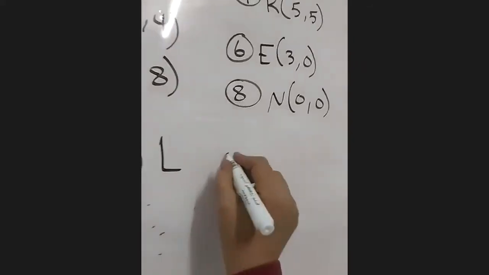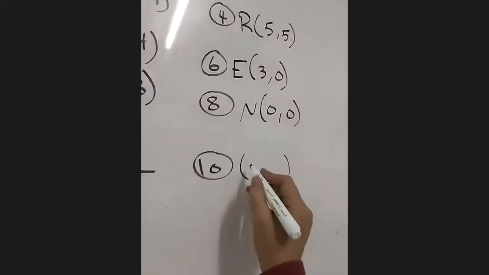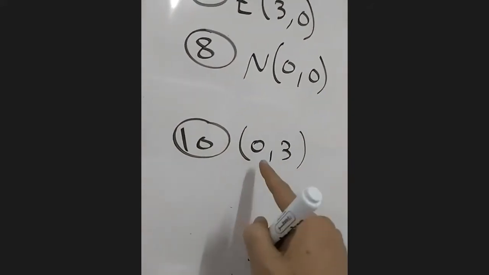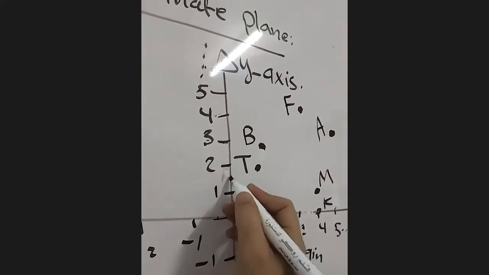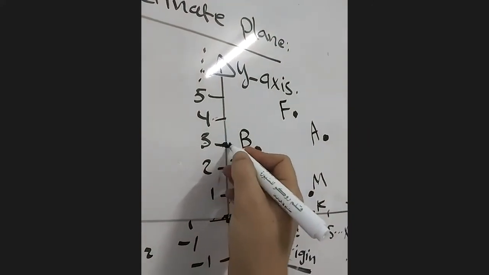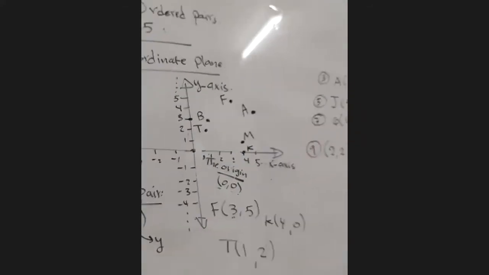Question 10. The ordered pair is 0 and 3. 0x and 3y. What you will do, guys, you will go to 0x here and go up to 3 in y. This is the point. What do we have here? After Ziyad, we have Abdullah, we have Jalal. Yalla Jalal, answer this question.